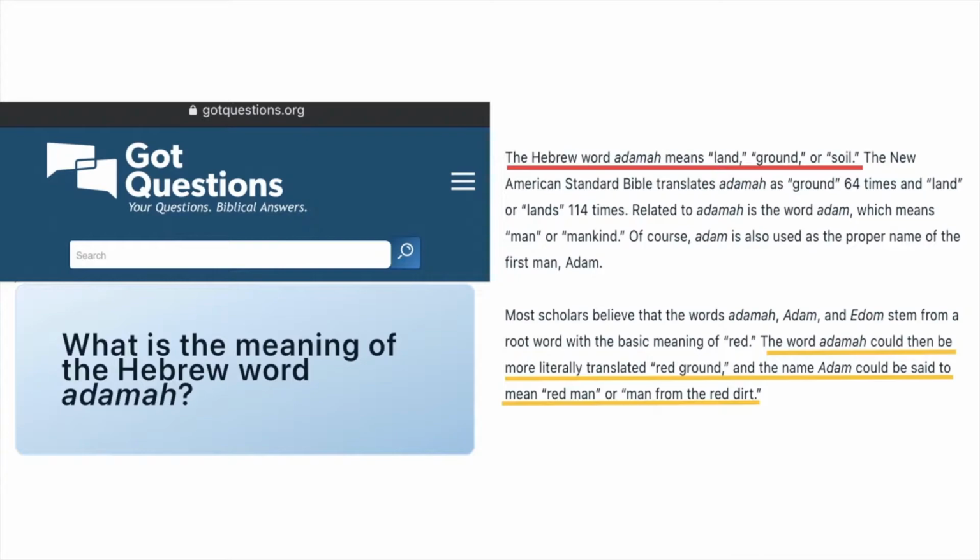The word Adamah could then be more literally translated red ground. And the name Adam could be said to mean red man or man from the red dirt. This was from gotquestions.com, What is the meaning of the Hebrew word Adamah?